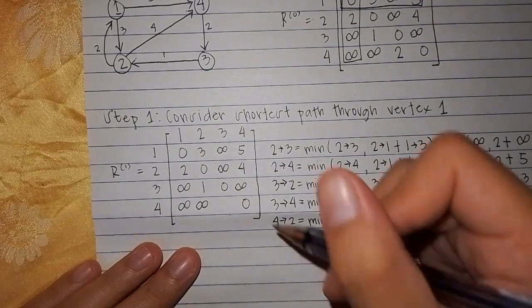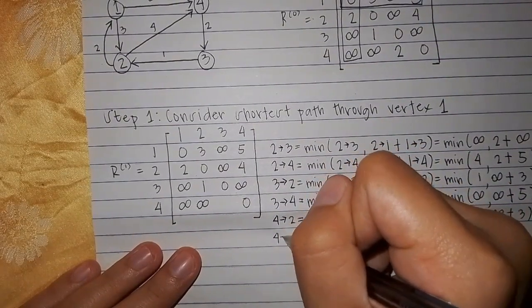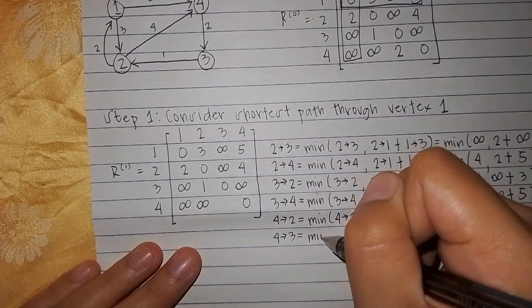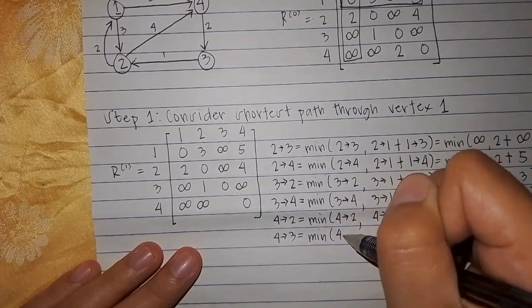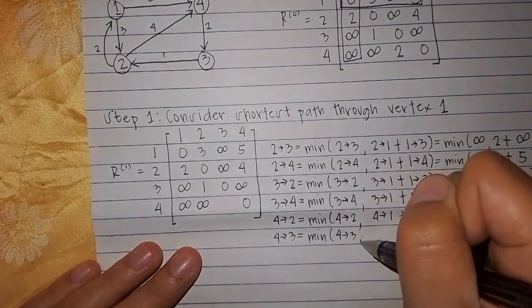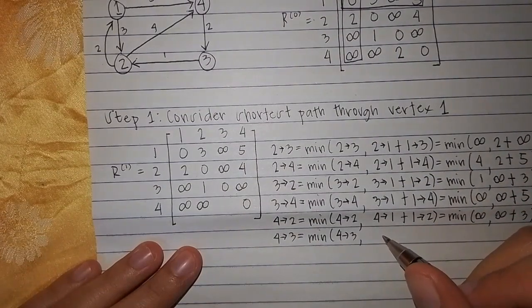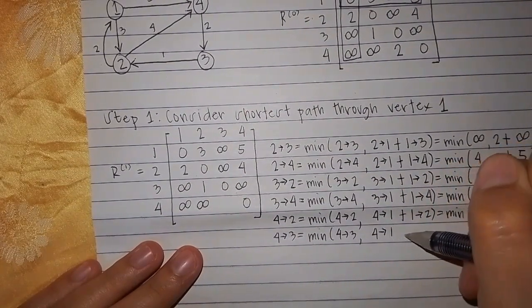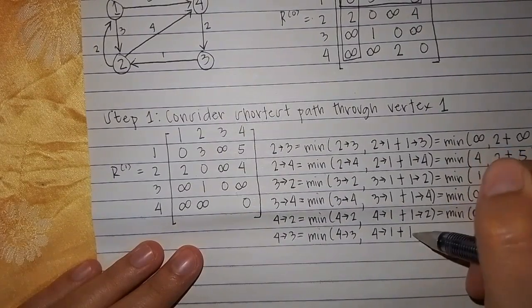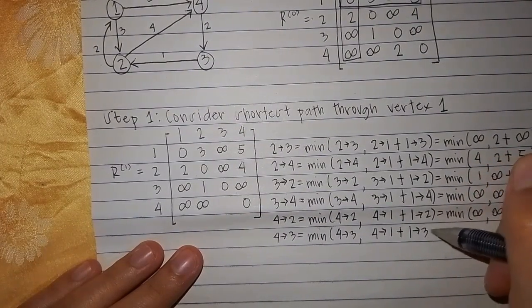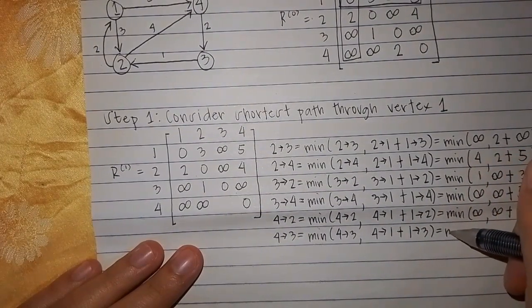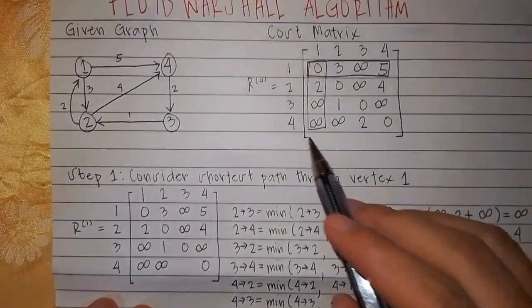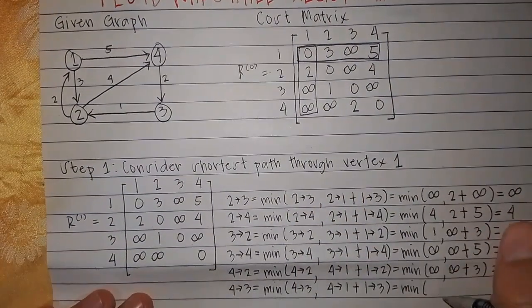And 4 to 3, the minimum of 4 to 3 through the vertex 1 is 4 to 1 plus 1 to 3. So 4 to 3, as you can see here, was 2.